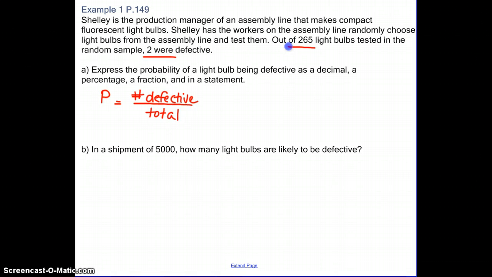The number defective is 2. The total is 265, which gives us an answer in a decimal when you calculate that. 0.0075 is our decimal.